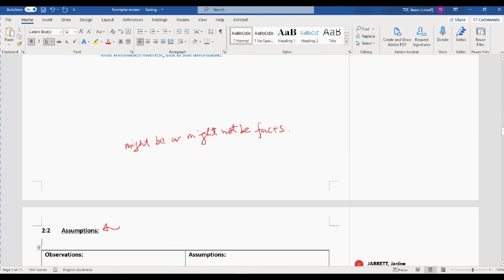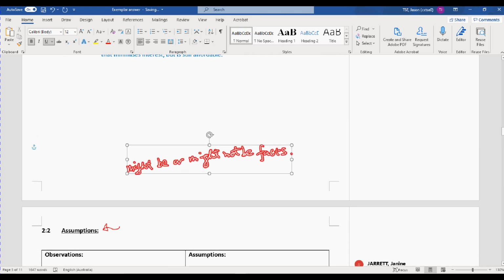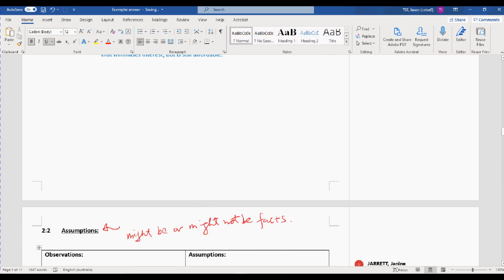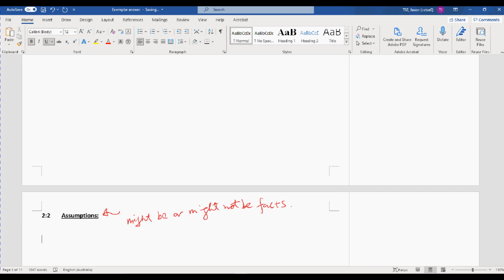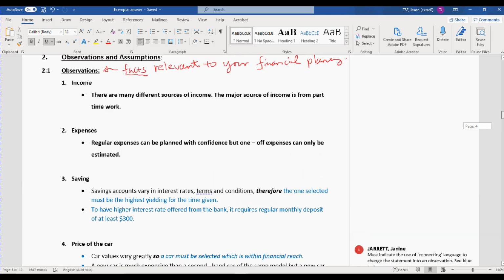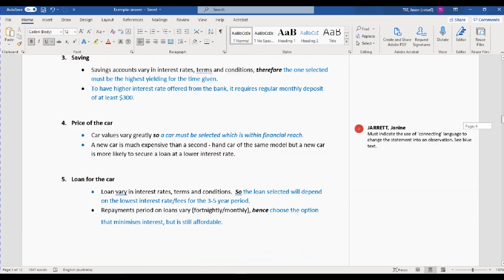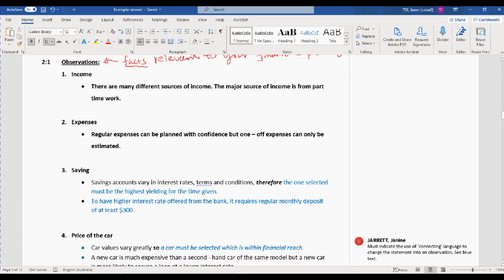So like I said before, assumptions are something that might be true or might not be true, all right? But you need to make the assumptions so that your financial planning assignment can be done. All right. So there are some assumptions we need to consider, right? And you need to consider those assumptions from the five aspects as well, just like what we did before, right?